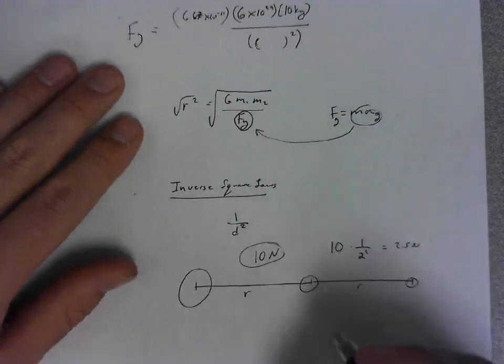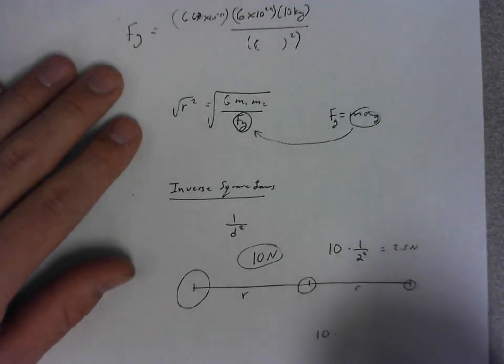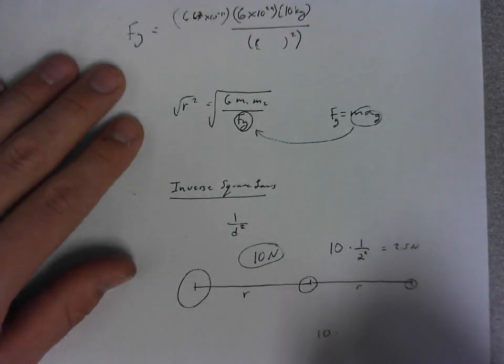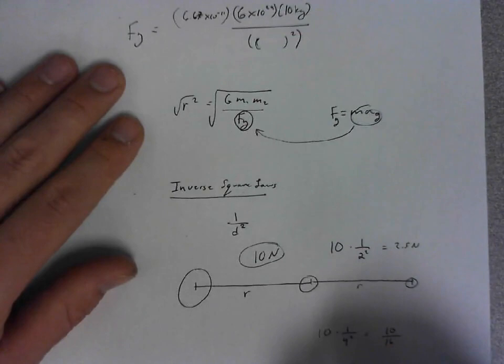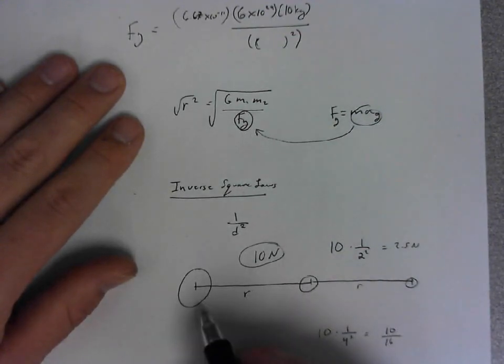If I was to quadruple the distance between the two objects, making it 4 times the distance, then I'll put a 4 there. So in this case, 10 divided by 16. Now, what if I get closer?